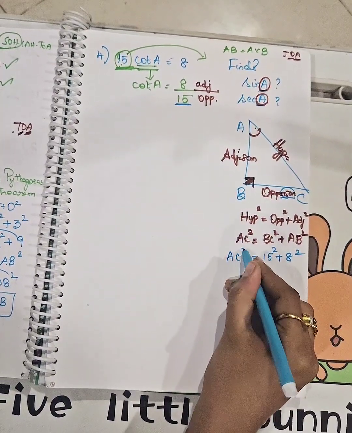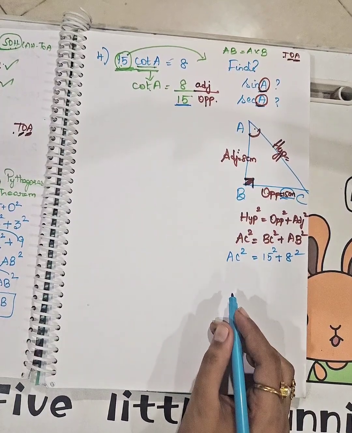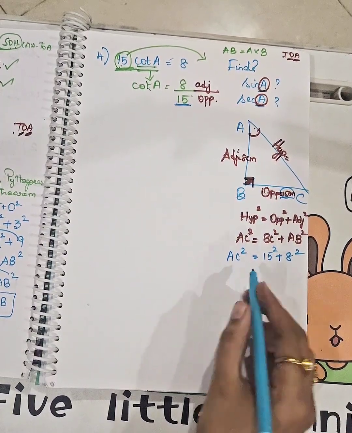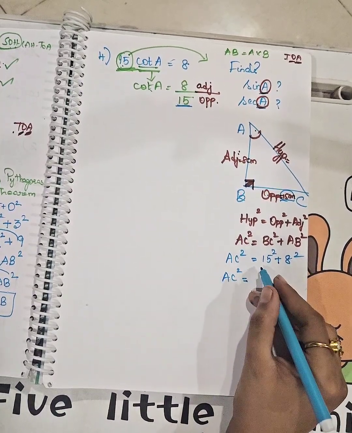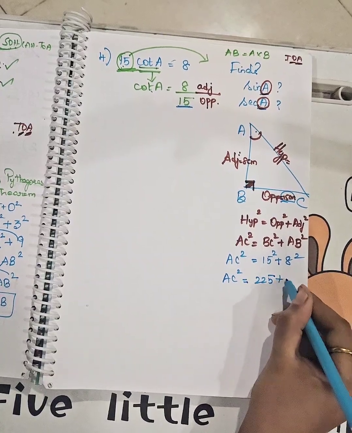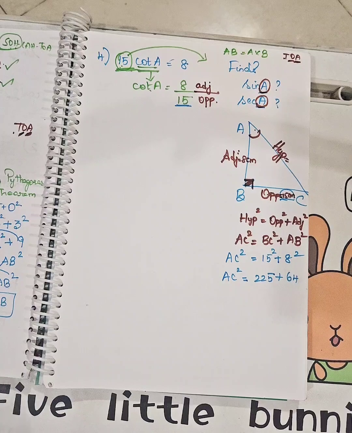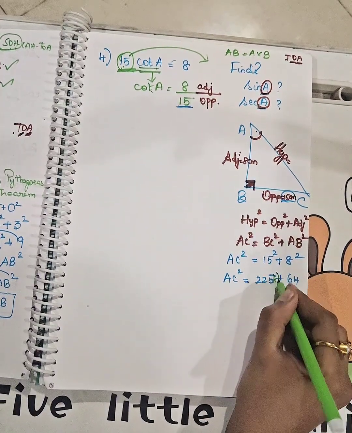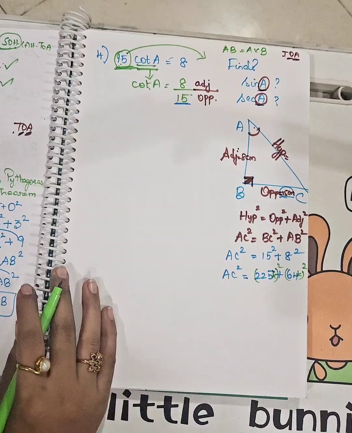Do we know the hypotenuse? No, we don't know, but we need to find it, right? So what is the hypotenuse? AC square. So let us solve this. 15 into 15 is 225. 8 8s are 64. Since it is ratios, you can write it along with the k values, k square, even while substituting the ratios.